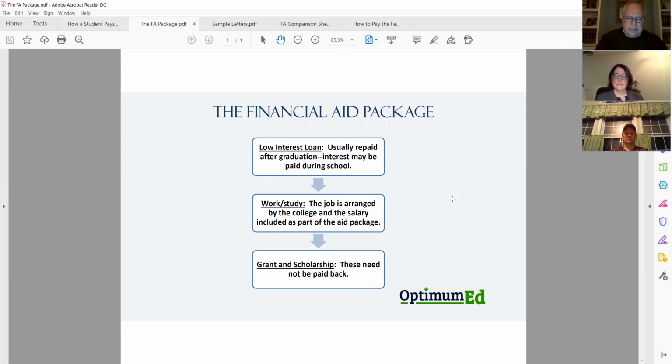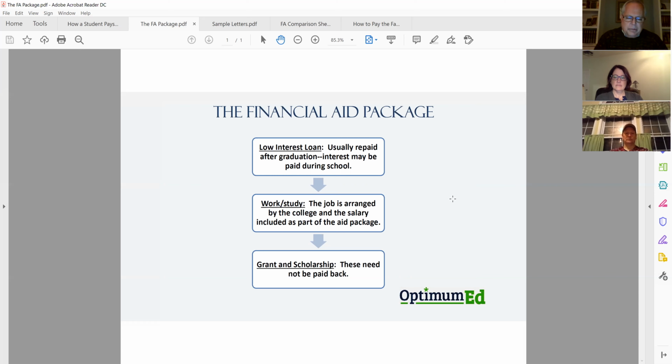Need is established by comparing the formula that is used to determine your fair share of one year's cost of education to the cost of the school. If the school costs more than what they say you can afford, then there's need. If it's the same or less, then you don't have need. But you could still be offered a loan because there are non-need based loan opportunities.